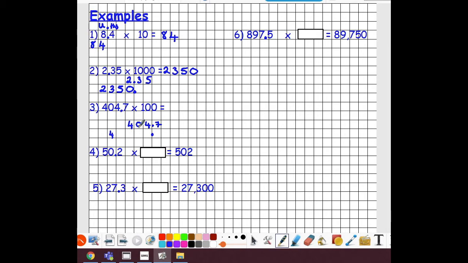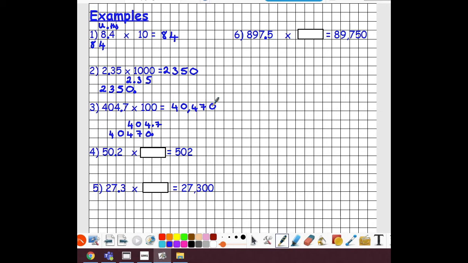The 0 is going to move once, twice. The 4 is going to move once, twice, and then our 7 is going to move once, twice. So again, we've got an empty box here that we must fill with a 0. So our answer is 40,470.